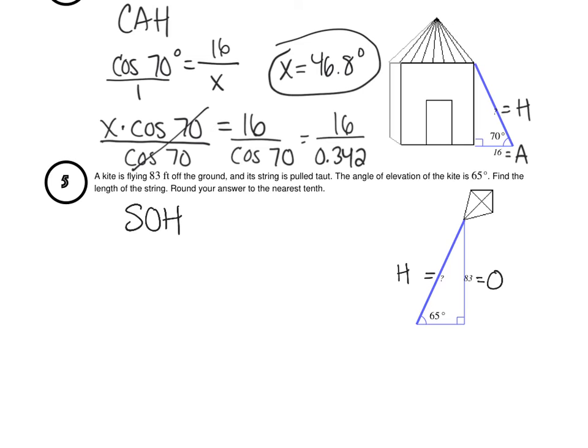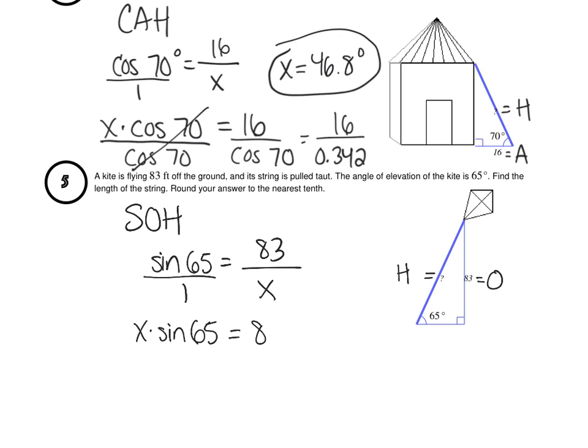So we set up our equation: sine of 65 degrees is equal to opposite, 83, over hypotenuse, which is x. This is very similar to the previous problem. Again, we put the sine over 1 and cross multiply. We have x times sine of 65 degrees is equal to 83.